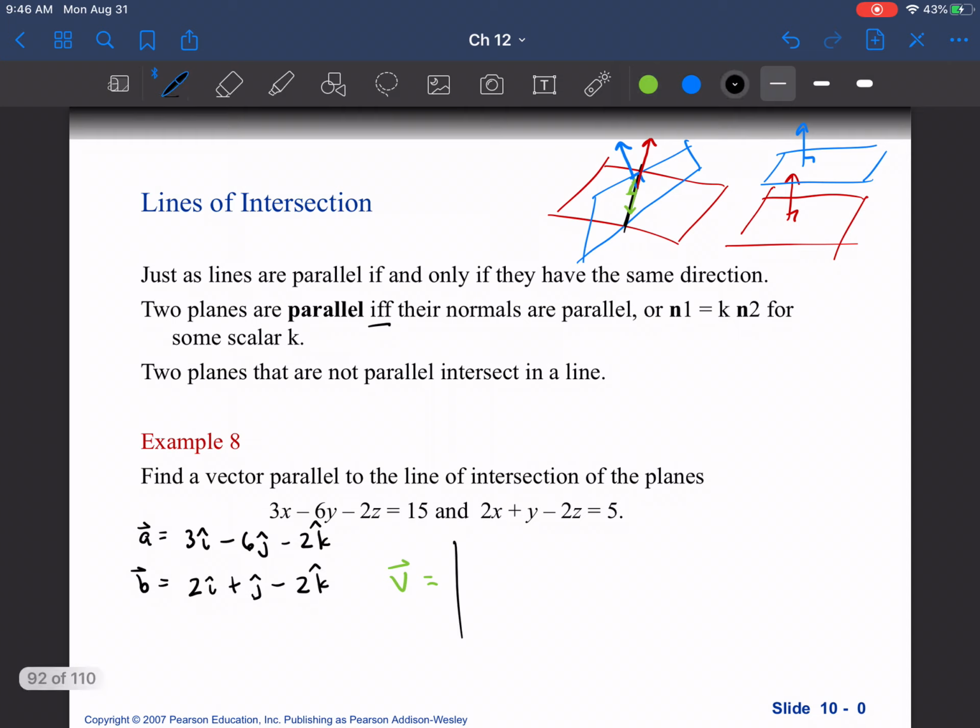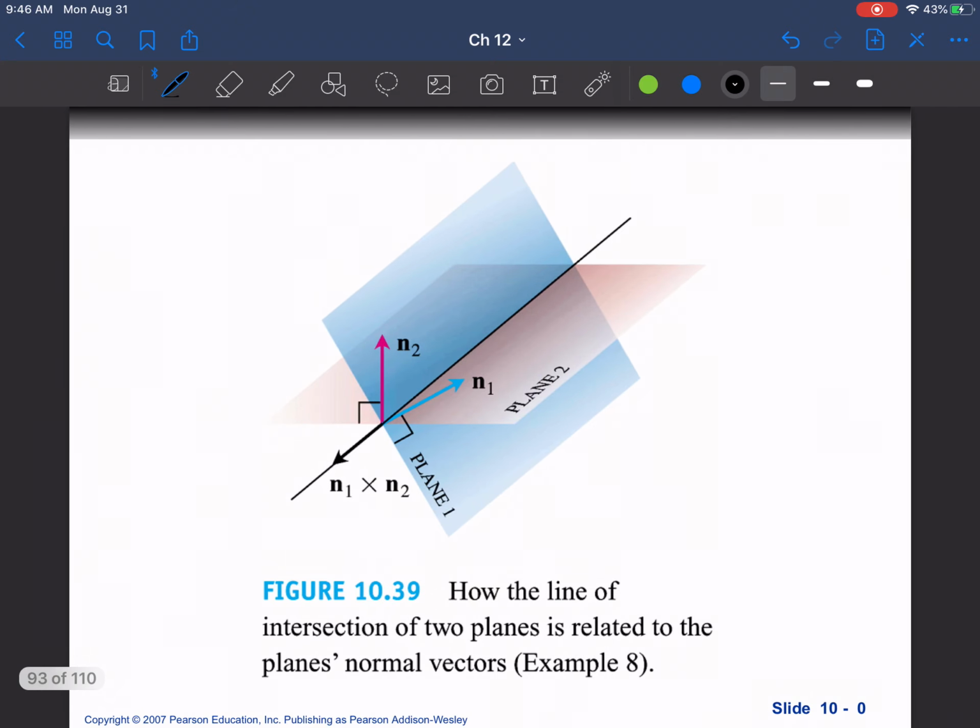It's just going to be i, j, k, and I'll leave you to try and do this: 3, negative 6, negative 2, 2, 1, negative 2. So you go ahead and find that, and then that'll give you a vector that is parallel to the line of intersection.